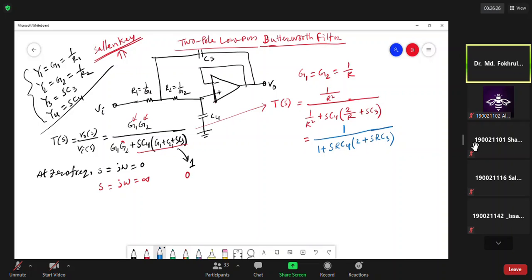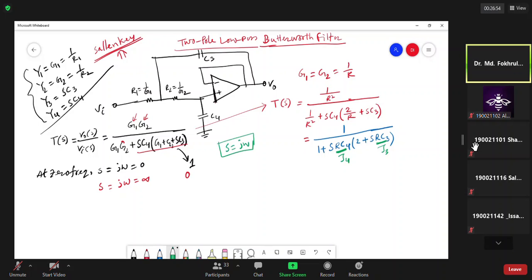And from here we can consider RC4 a time constant and RC3 another time constant. So you can denote RC4 as tau 4 and RC3 as tau 3, the two time constants. Also S is equal to j omega always.